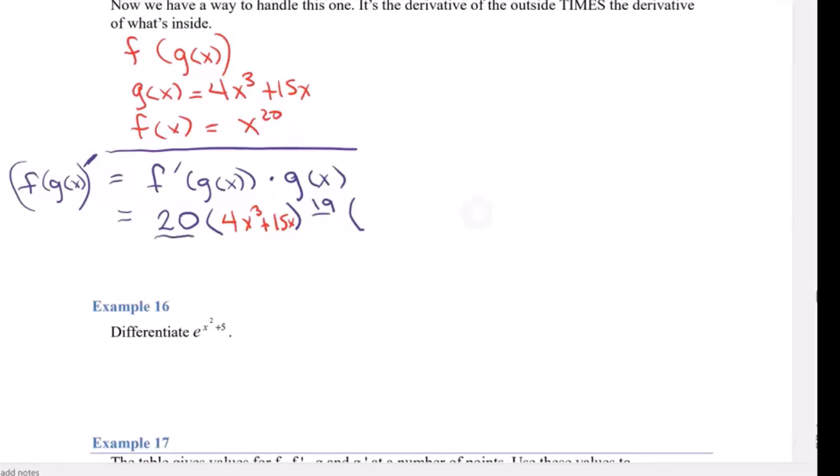Then I need the derivative of g, which is g prime, equal to 12x squared plus 15. So that's it. That's all you get. I'm not going to do anything with this.